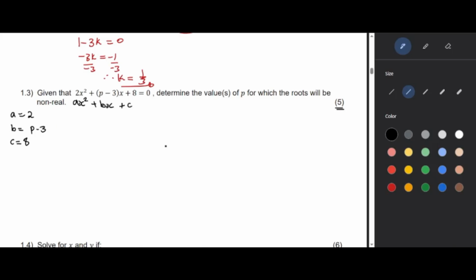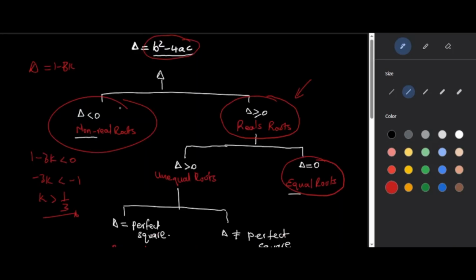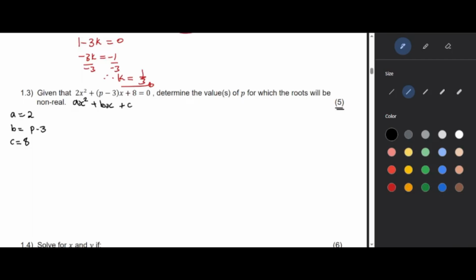Now we can read the question. It says determine for which values of p the roots will be non-real. Remember, for non-real roots, the discriminant must be less than 0. Let's go back and work on that.